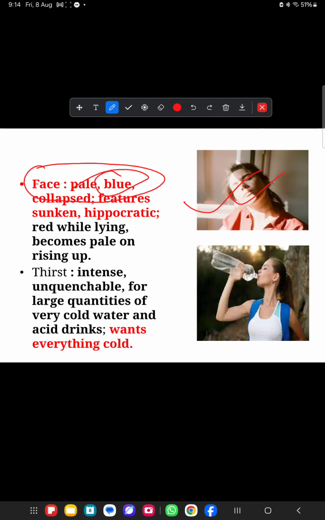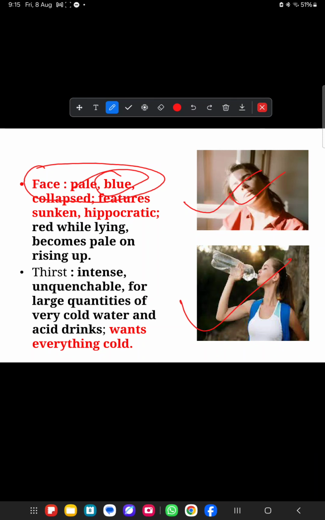And thirst intense, unquenchable, for large quantities of very cold water, acid drinks, and wants everything cold. Why? Because there is dehydration. That's why this patient is having so much unquenchable thirst. If the patient is drinking a large amount of water, even if you give 4 to 5 liters, he will still want more water.